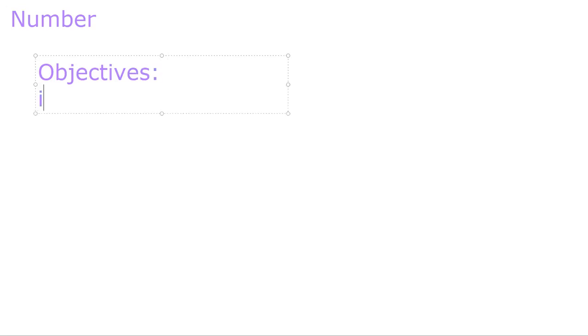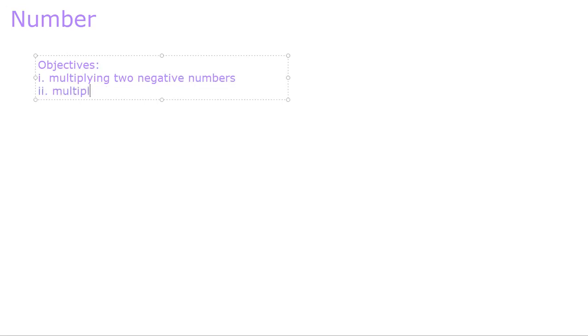Let me just rewrite it in this format. Multiplying two negative numbers or multiplying a positive number with a negative number.